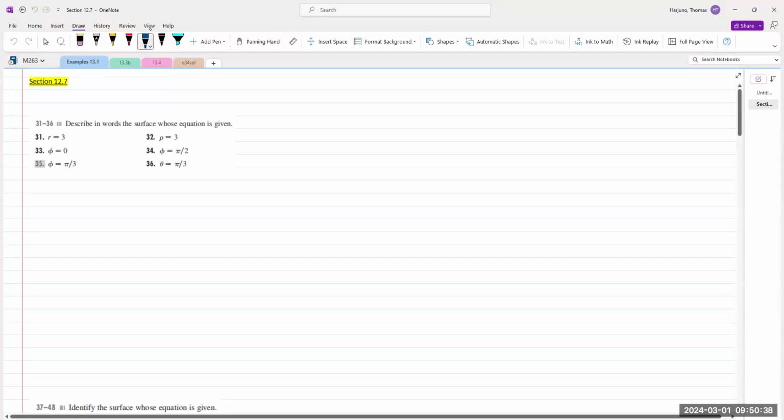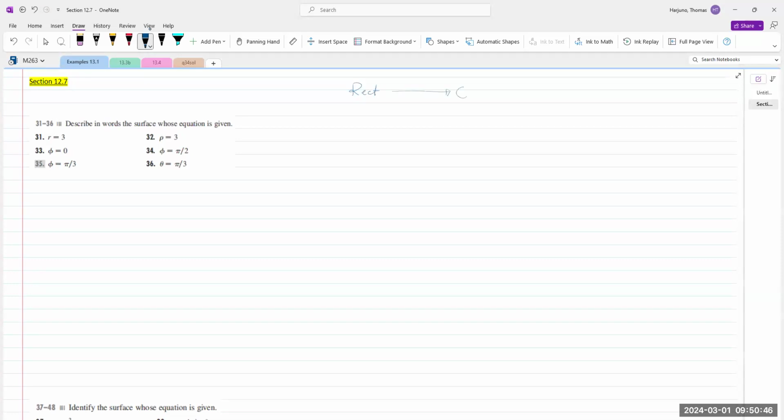conversions, okay? So we learn from the rectangular coordinate system. We learn to convert to cylindrical, which if you think about it is basically polar plus the z-axis.